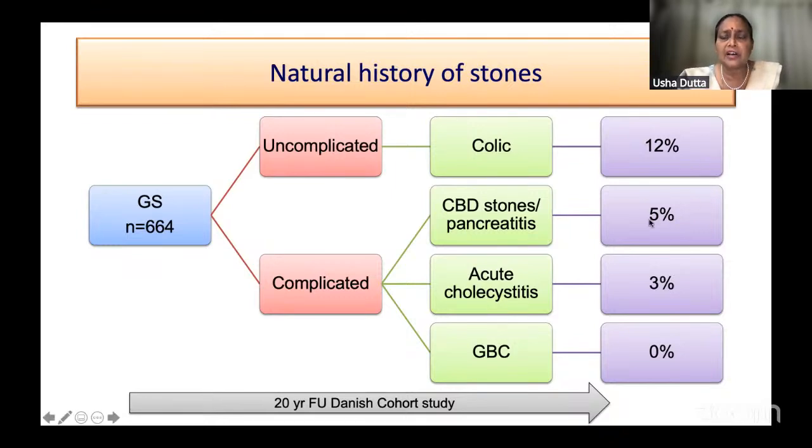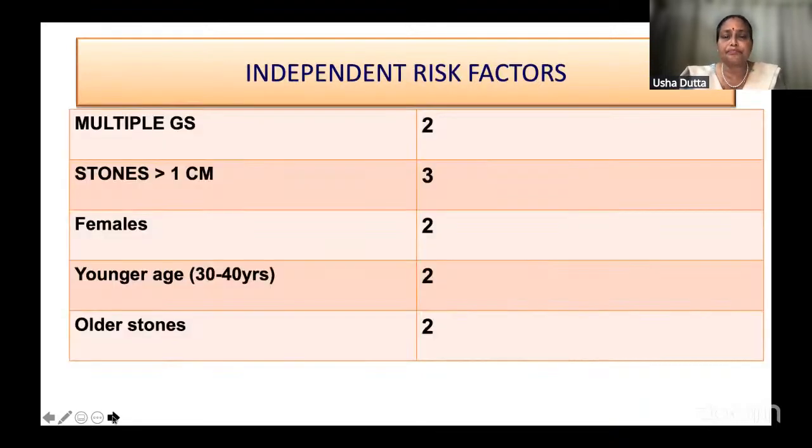These patients also tend to stay longer in the hospital. And it is not like the Western system where they have available beds and resources to take care of these patients. And acute cholecystitis in about 3% of patients. And in their study, they did not have gallbladder cancer. However, we don't have any data from India. We are right now doing a large cohort study to look at this aspect.